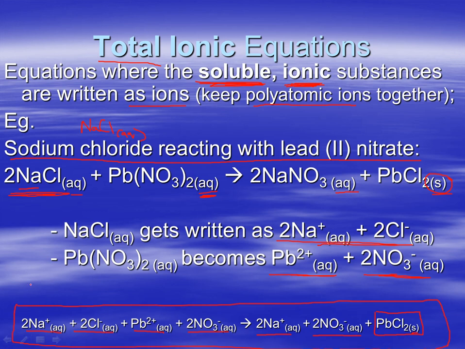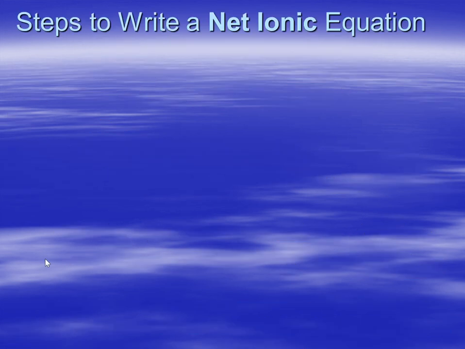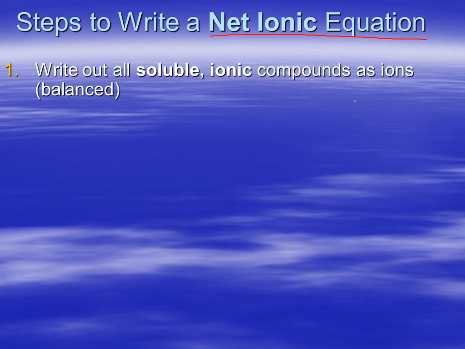Not hugely useful, but it is the first part of what we're doing when we get to our net ionic equation. To write a net ionic equation, essentially we're doing the same steps, we're just cleaning it up at the end. So you're going to write out all your soluble ionic compounds as ions, make sure they're balanced, and again, you probably want to start with a balanced chemical equation, and then look for things that are soluble using your solubility table.